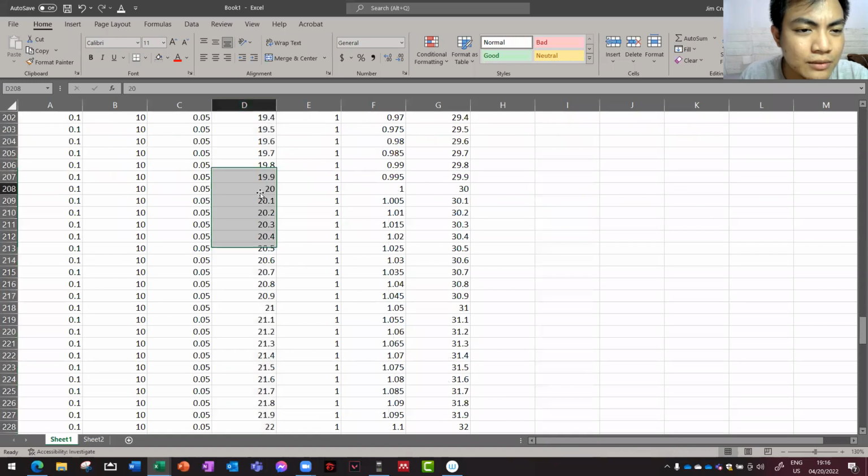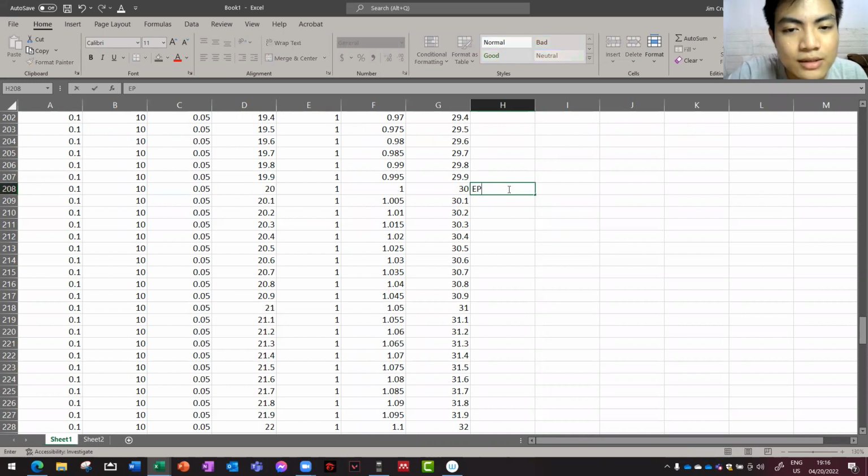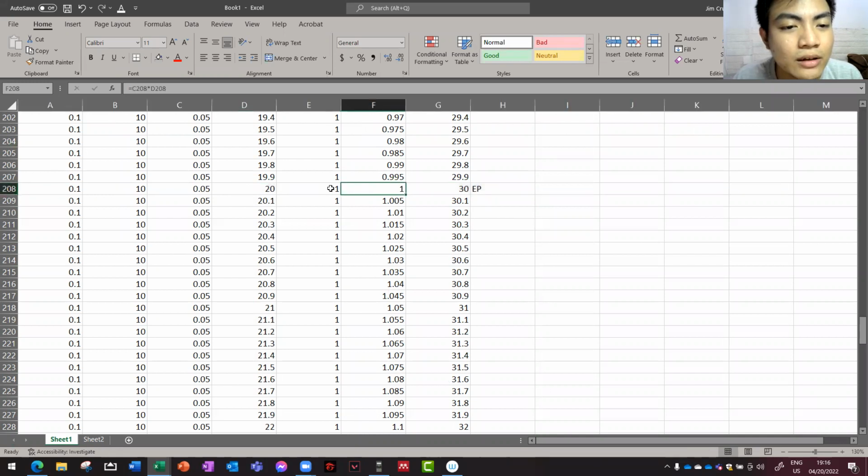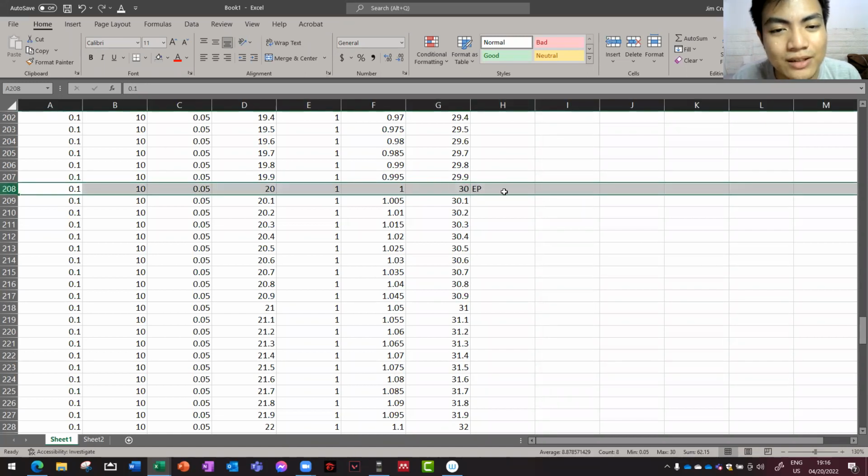Right, so this one. So in 20 ml, so this is equivalence point. So we have to indicate that this is the EP. Another thing that you can notice is that the millimoles of the analyte and the titrant are equal at this point. So this is EP, equivalence point.